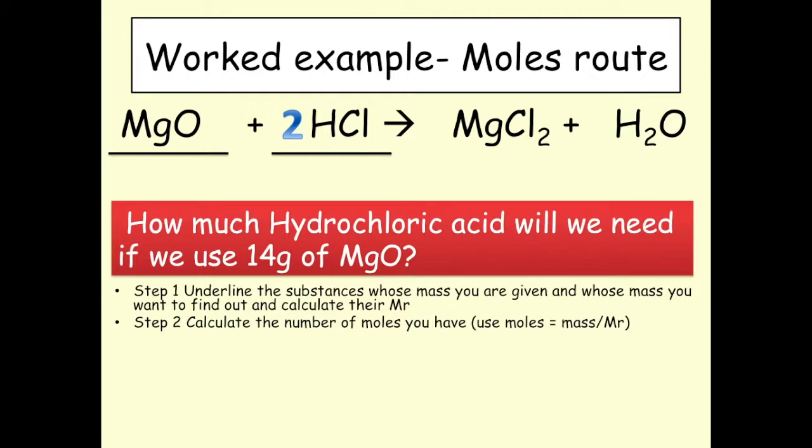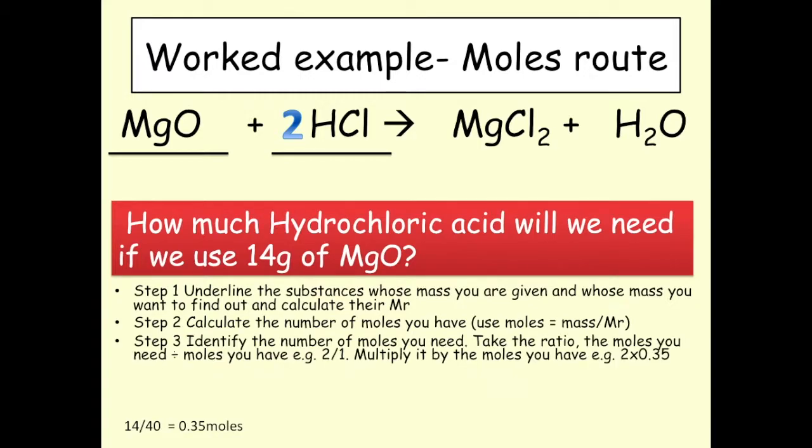And when we do that, we're going to see that the MR of magnesium oxide is 40. So putting that into the equation, 14 divided by 40, it means we've got 0.35 moles of magnesium oxide.